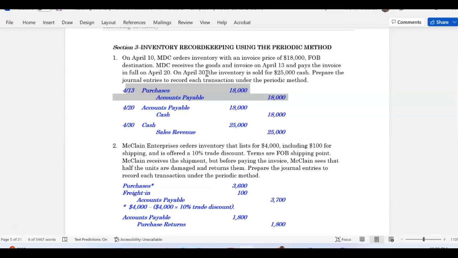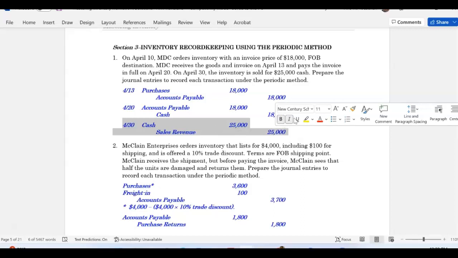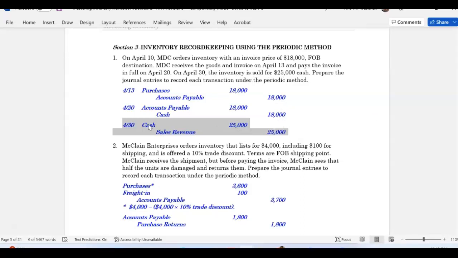On April 30th, the inventory is sold for $25,000 cash. Okay. So in order to record that, we do this journal entry. The inventory is sold for cash, 25,000.